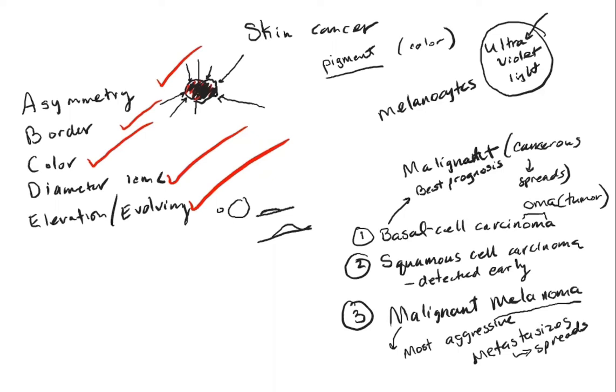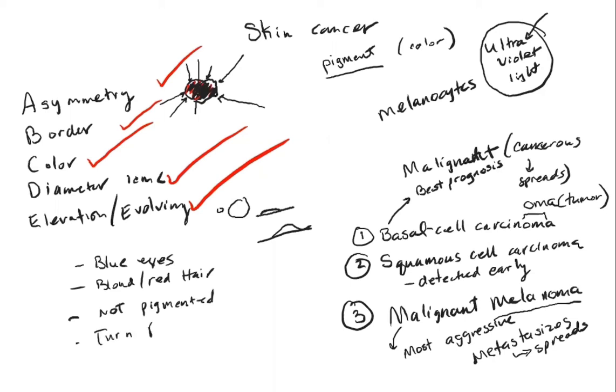Those who are at risk for skin cancer are people who have blue eyes, who have blonde or red hair, those who are not pigmented, those who turn red with sun exposure, those who sunbathe, meaning those who spend a lot of time out in the sun without the SPF sunblock.